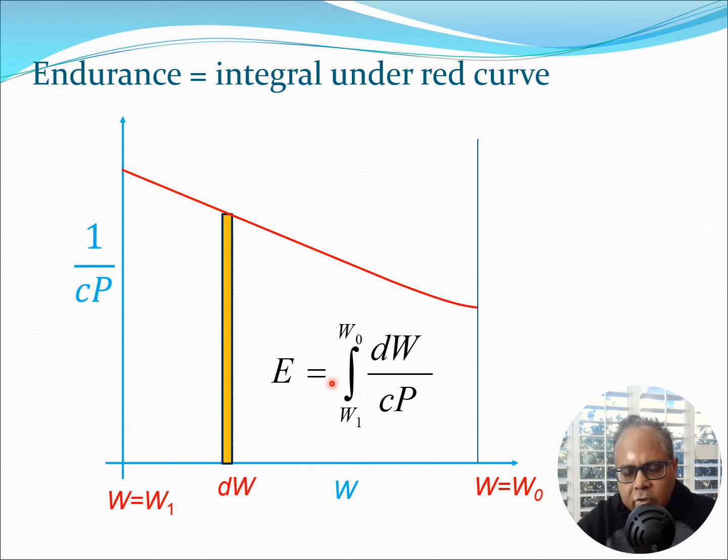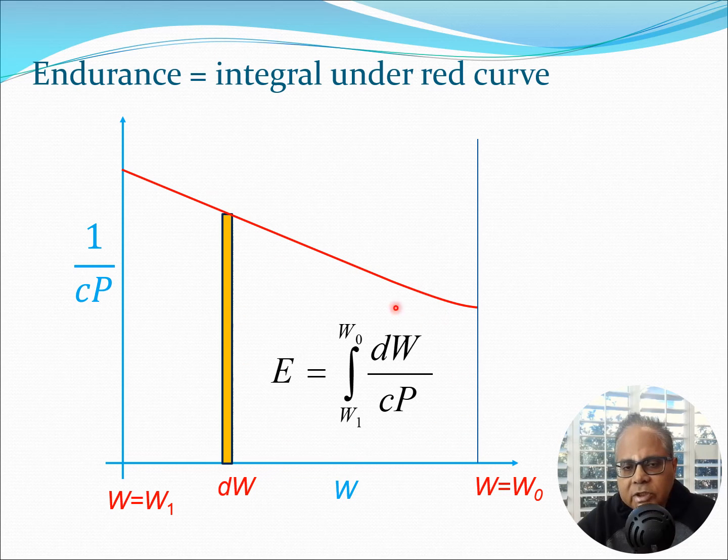Now we can look at all these integrals in the way we do in classical calculus. Again, in the endurance integral, if we had 1 by Cp and we had the variation of this with respect to W, then I basically need to find the area under this red curve, and that is going to give me the endurance. Each of these dWs are essentially small changes in W which are happening when you are going from the beginning to the end of the journey.